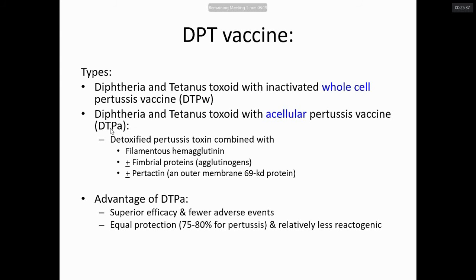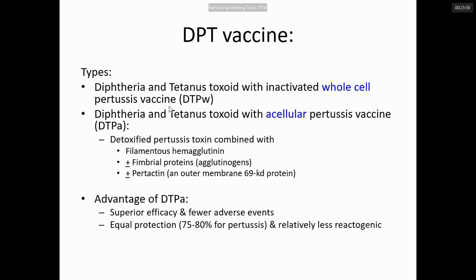In DTAP, diphtheria and tetanus toxoids and part of the pertussis component is taken, like detoxified pertussis toxin combined with filamentous hemagglutinin, fimbrial proteins, pertactin. These are the components of the pertussis taken in the acellular pertussis vaccine.